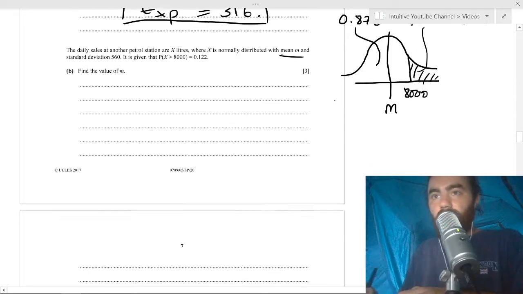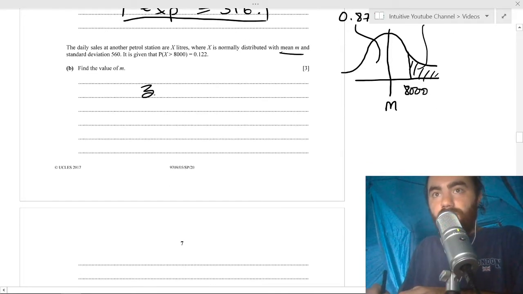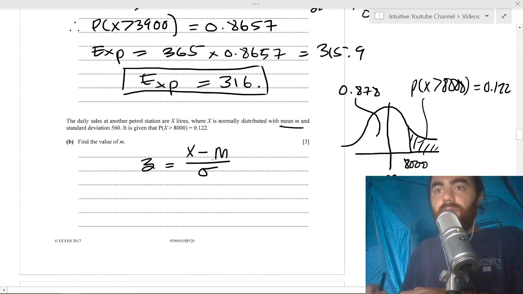0.878. And that's going to be useful because we know this equation here of X minus the mean, which is M in this case, because remember, we're trying to find M, over the standard deviation.